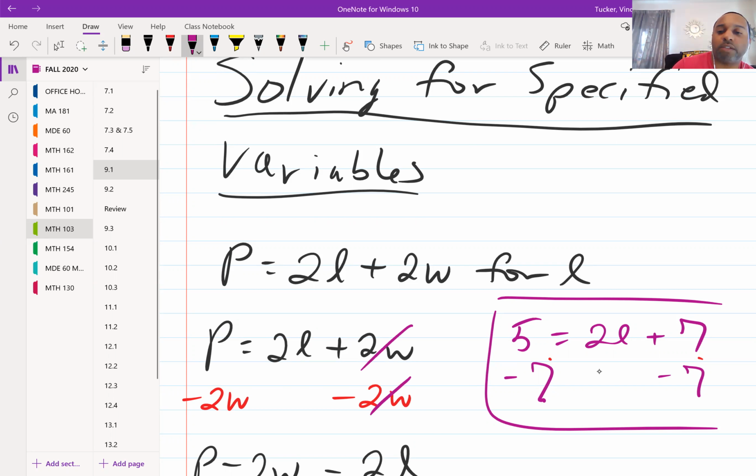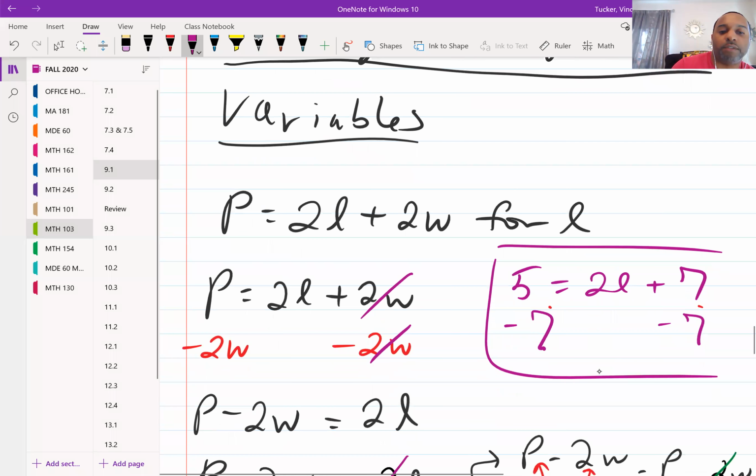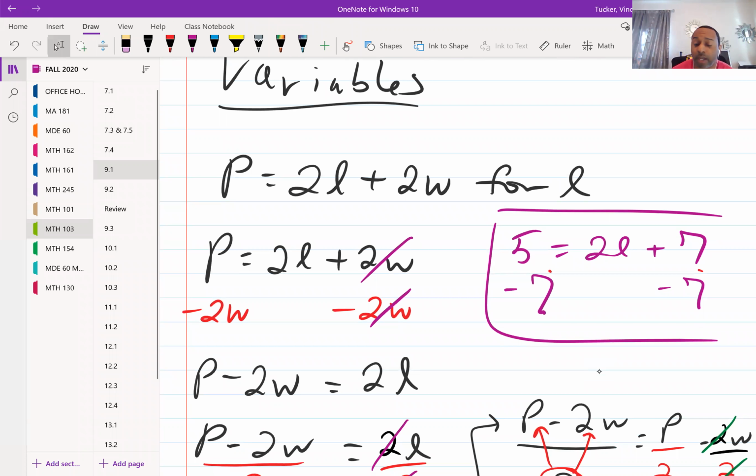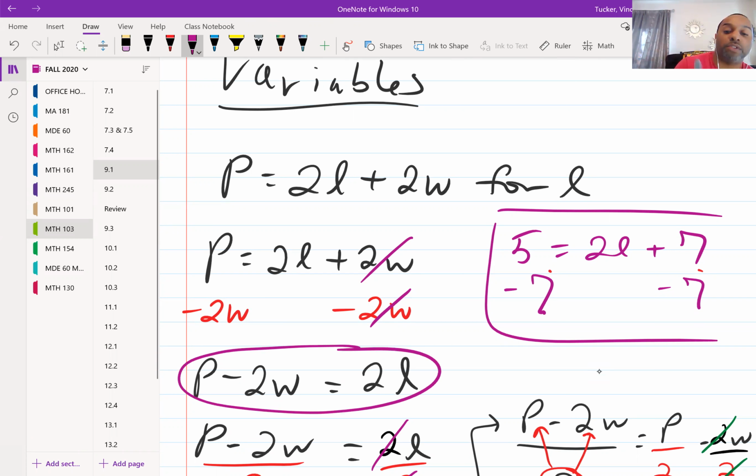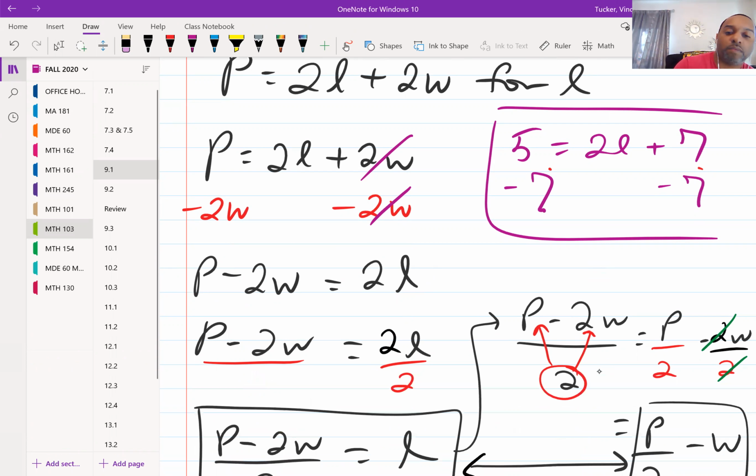So 2W cancels on the right, and that leaves me with P minus 2W. You can't combine them because you don't know what W is, you don't know what P is. So you have P minus 2W equal to 2L. Now you want to get this 2 off of the L, so you divide both sides by the 2.